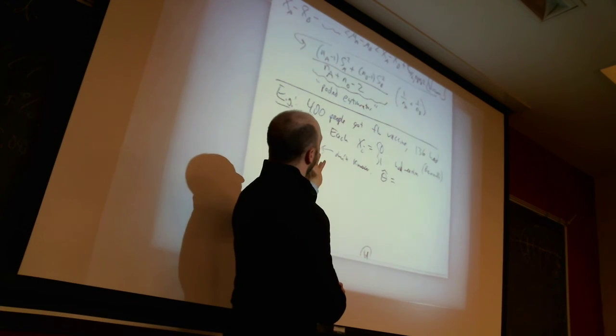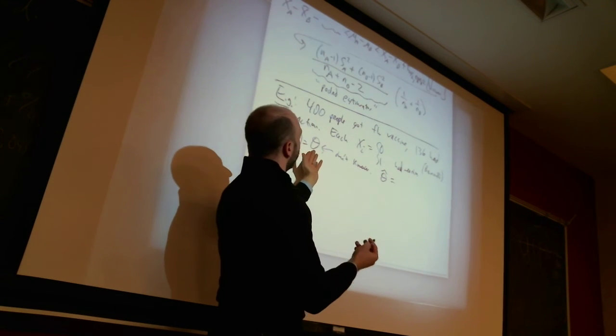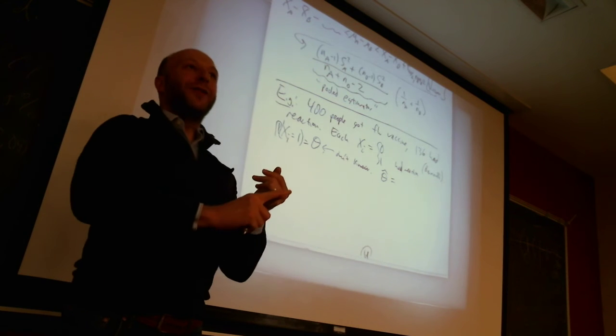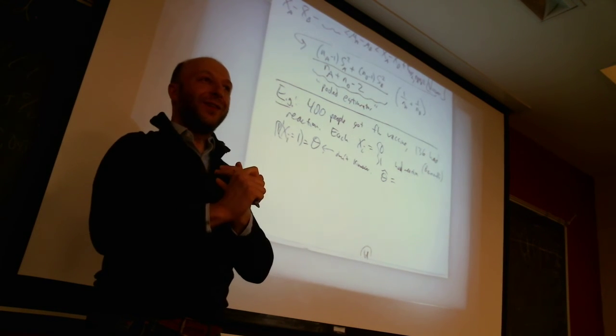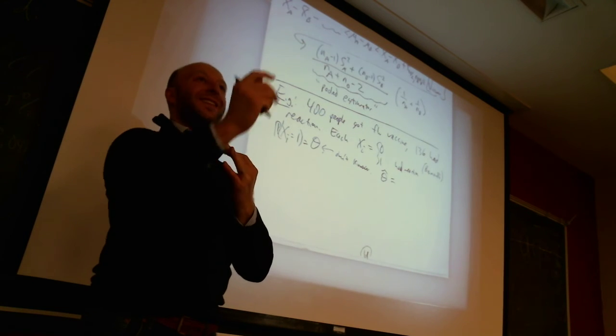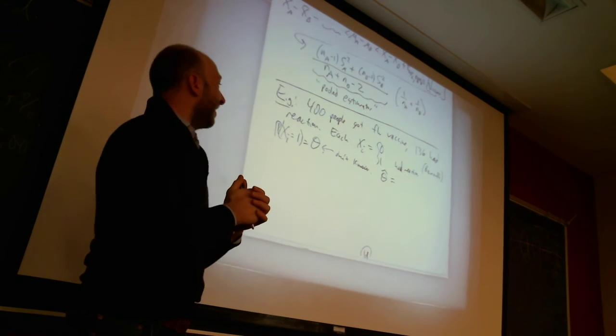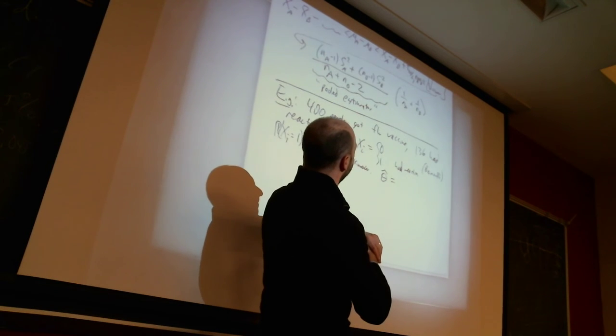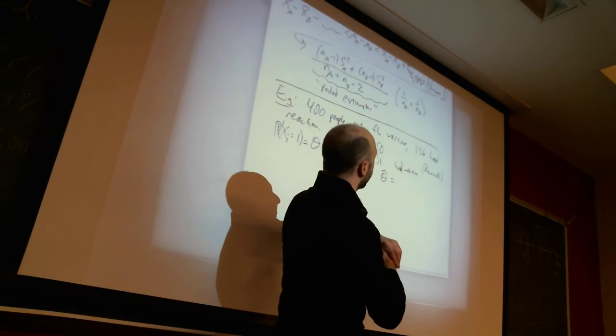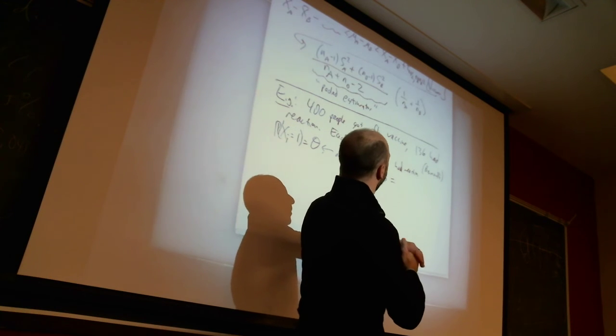What do you think is the most likely value for theta? Either from the moment method or from the maximum likelihood method, you'll get the same answer. X bar, yes. And what is X bar in our case? Well, it depends on what you mean by X bar.